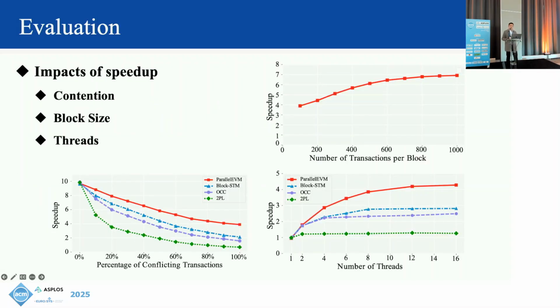We also evaluate how different factors influence parallel EVM's performance, specifically the impact of contention level, block size, and the number of threads. Parallel EVM achieves the highest performance in every scenario. These results confirm that our design is scalable and robust under varying workload conditions.